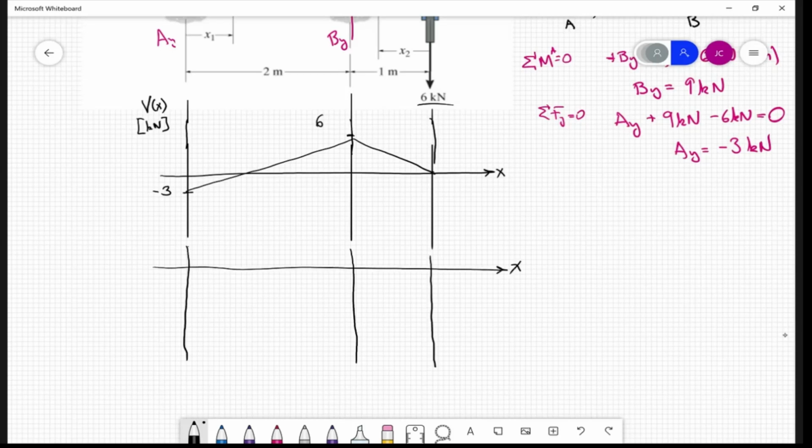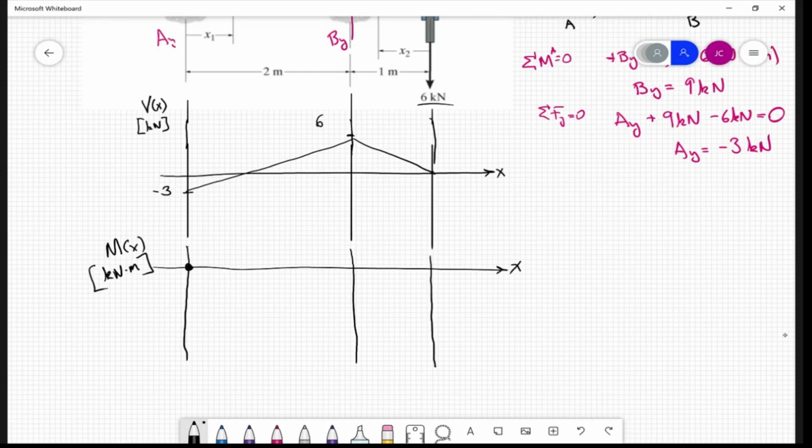So here's X. We're going to plot the bending moment, and it's going to have units of kilonewton meters. We start off at 0 here, and it's going to be quadratic.